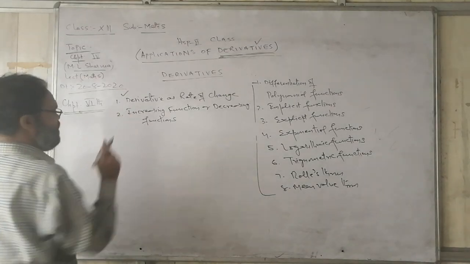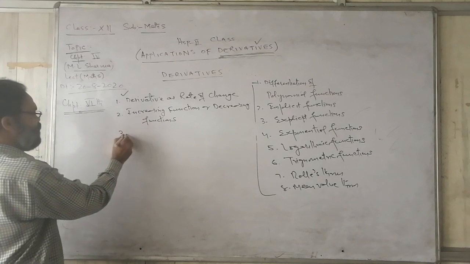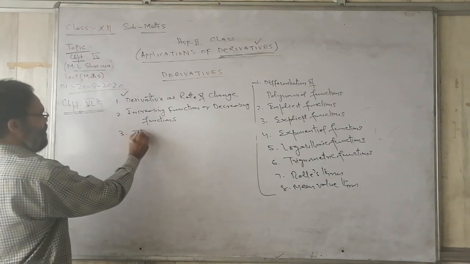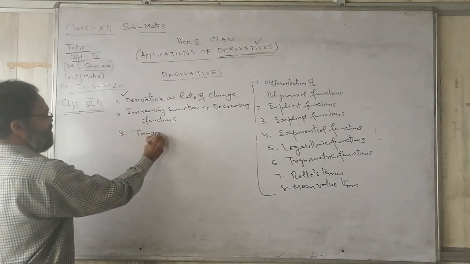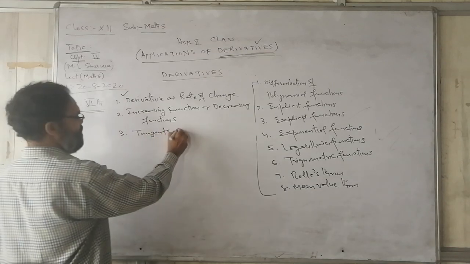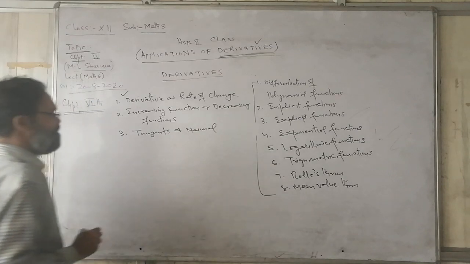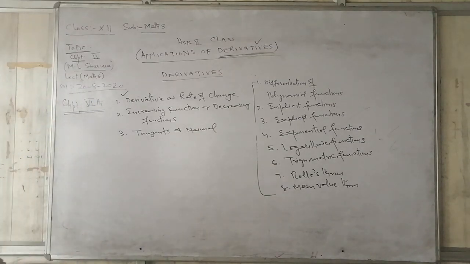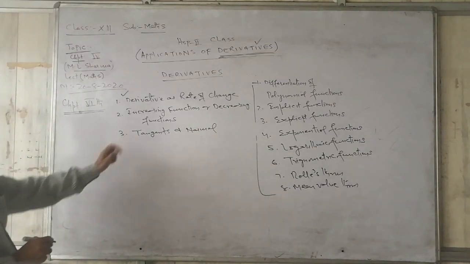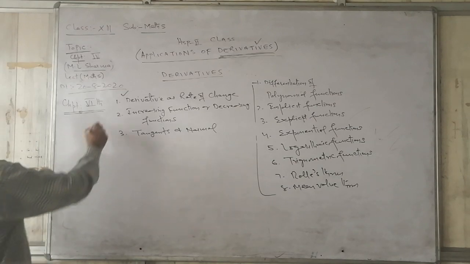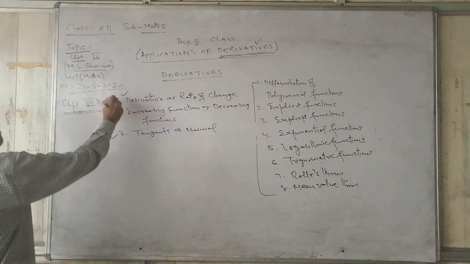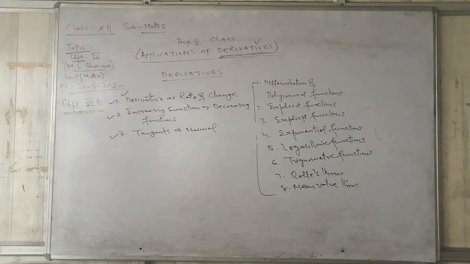This is the second exercise which we have to do. Then we have tangents and normal. So this is another application of derivative in tangents and normals. Again, this is another exercise. So these are the three exercises which we have to do.